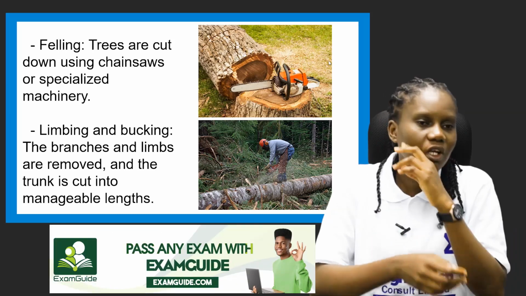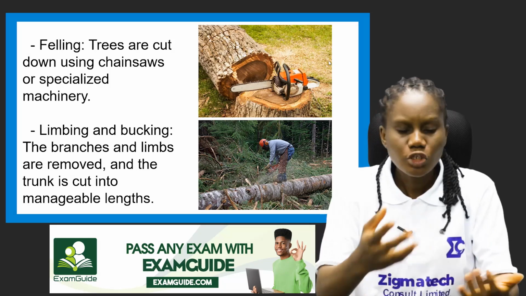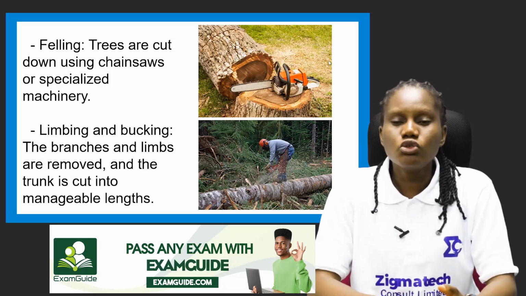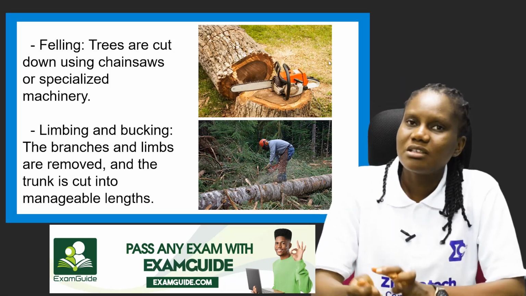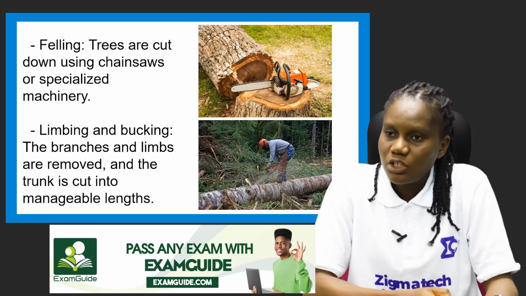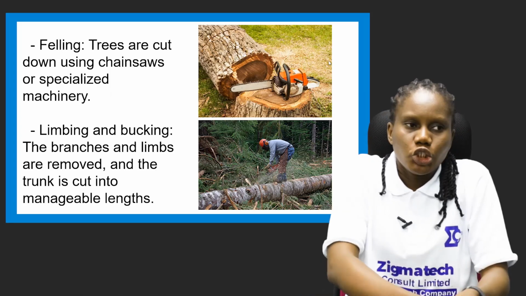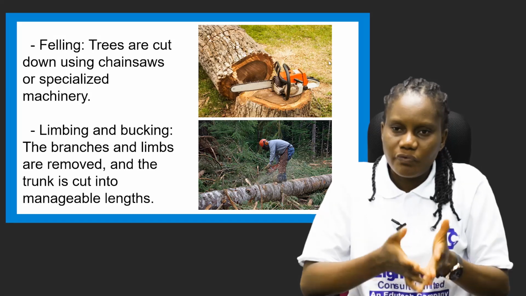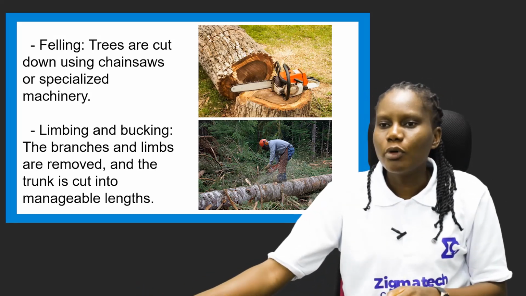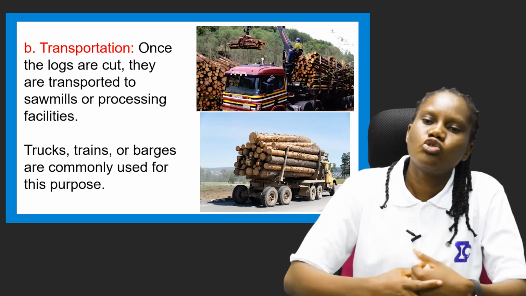So after you fell your tree, after logging, the next thing is transporting. Under your logging, you must have somebody that is very trained and experienced, somebody that would know, okay, this tree is good, you can use it. Then you fell it and you limb and buck. So the next thing is you transport it.